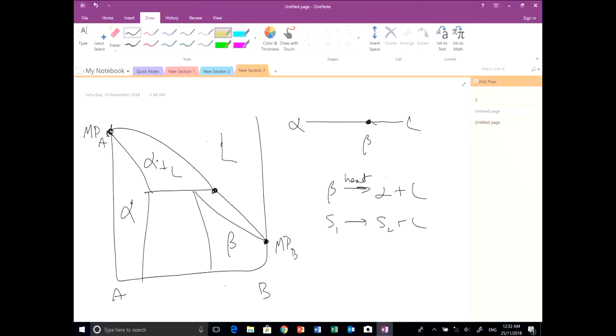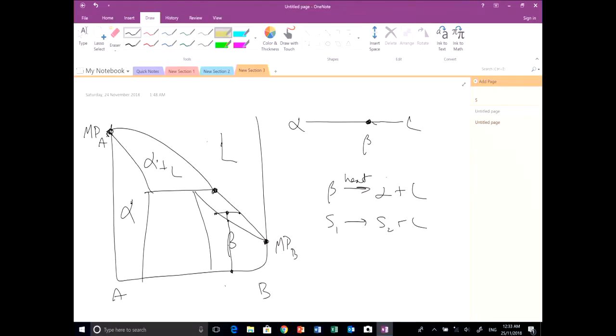Let's do it. Here's your composition right here. I heat it up. I go above the line. Did I transform from a solid to a liquid of the same composition? No, I did not. I transformed to this solid and this liquid. Incongruent melting. So see, that answers your question, but you really don't need to logic that out.